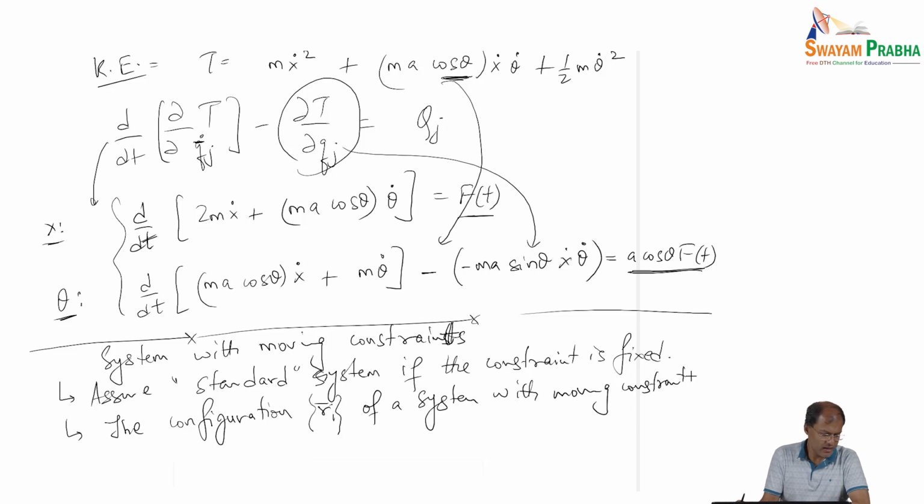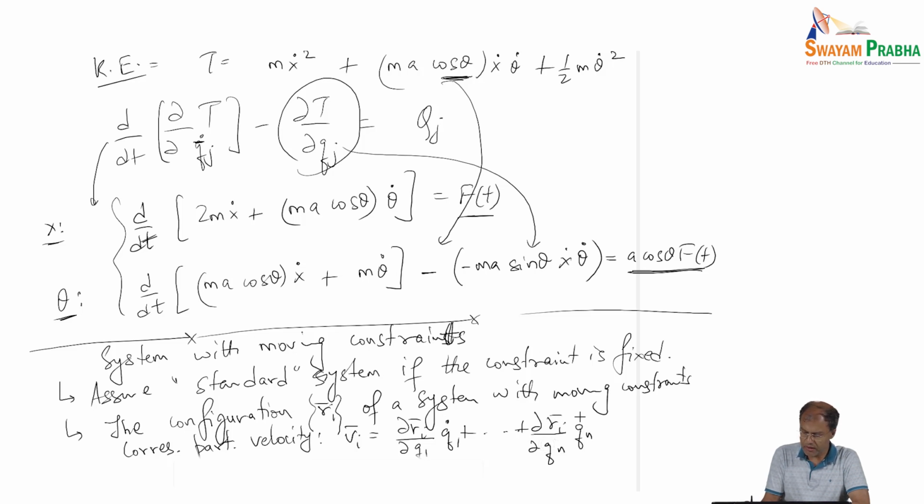this time we'll have to talk about the velocity of each particle in the system. So what we have is the corresponding particle velocity that we are talking about. Particle velocity Vi is given by partial Ri partial Q1 times Q1 dot plus partial Ri partial Qn times Qn dot, right?